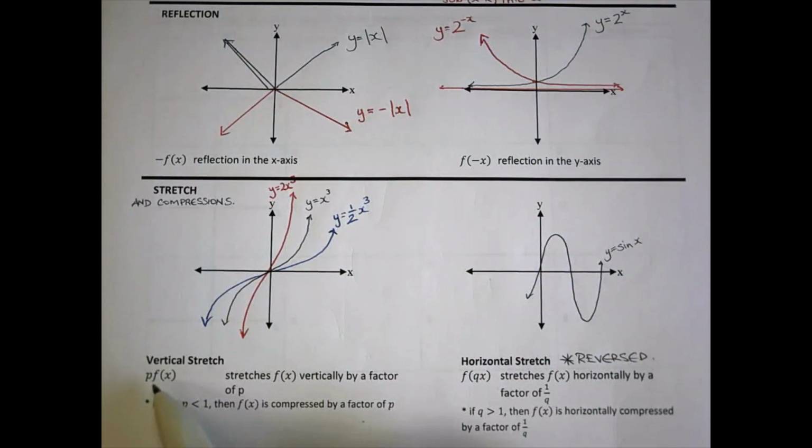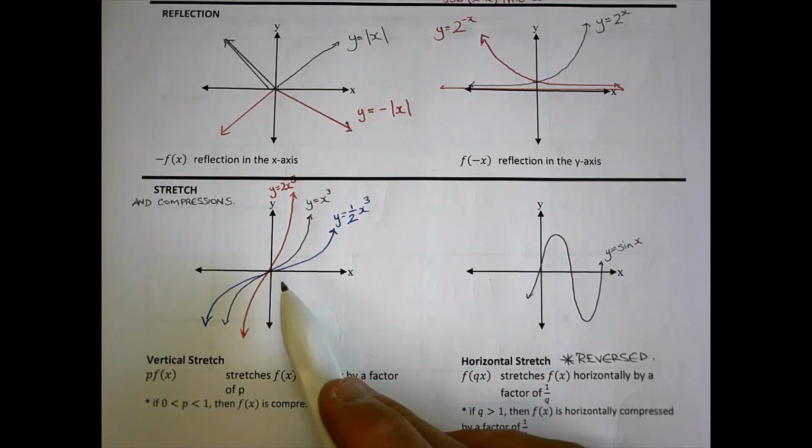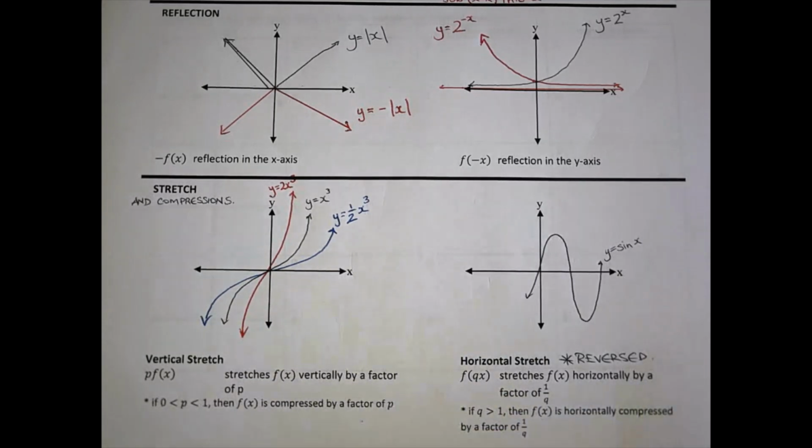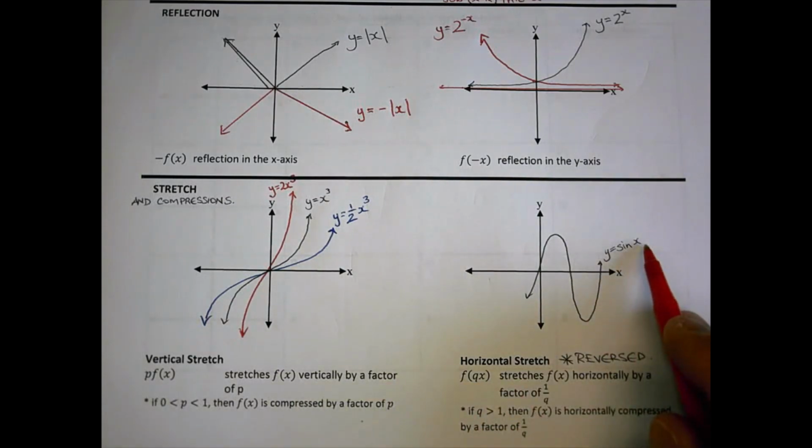So here, if I put a large number in front of the function, it gives me a vertical stretch. In this case, if I put a large number in the function, it gives me a compression. So in other words, if I put a large number like 2, so if I sub in 2, so q is 2, then I'm going to replace this x with 2x, so I get sine 2x.